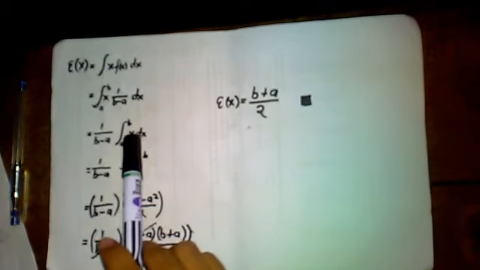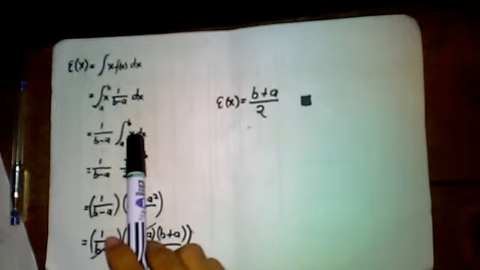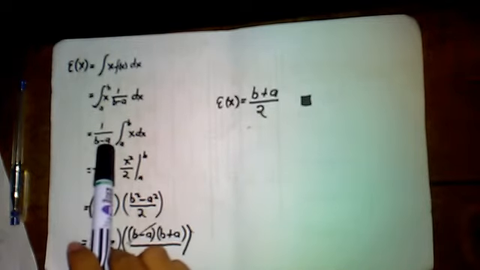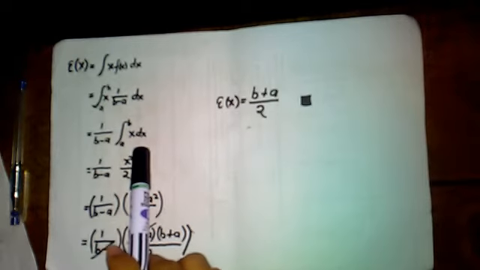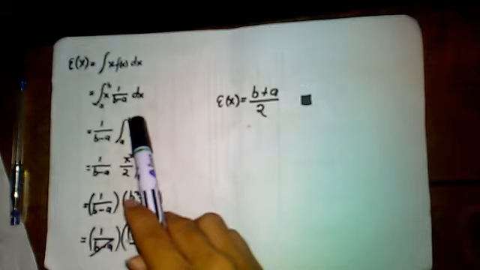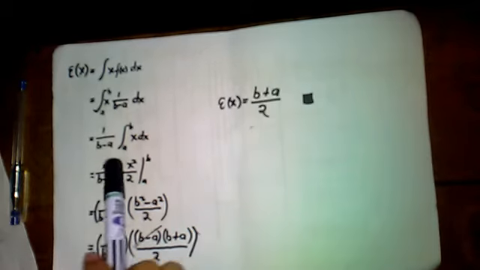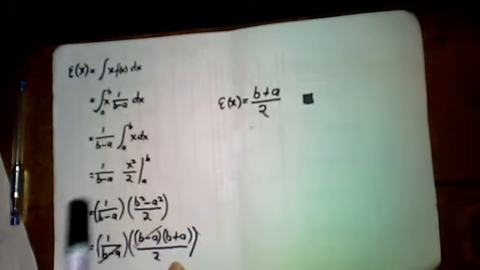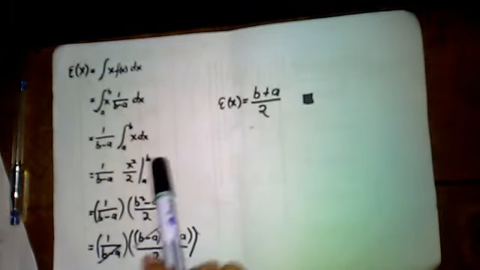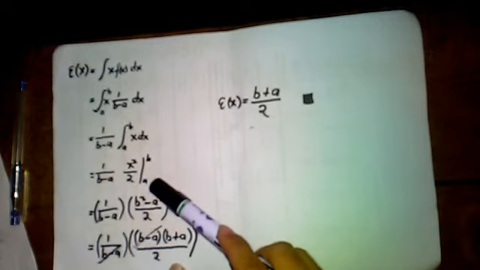By the constant rule, we have 1 over b minus a times the integral of x dx evaluated from a to b. To simplify, we have 1 over b minus a times x squared over 2 evaluated from a to b. Now we can evaluate it, and we have 1 over b minus a times b squared minus a squared over 2.